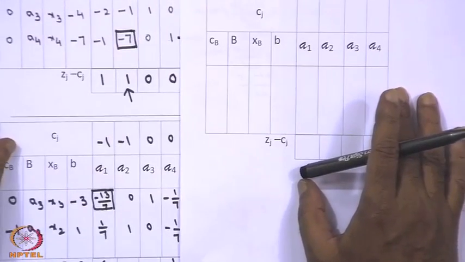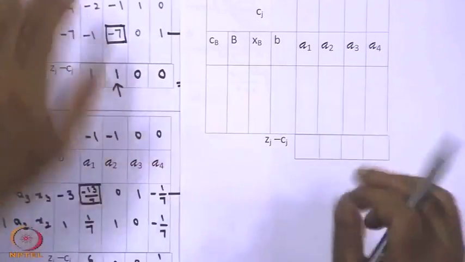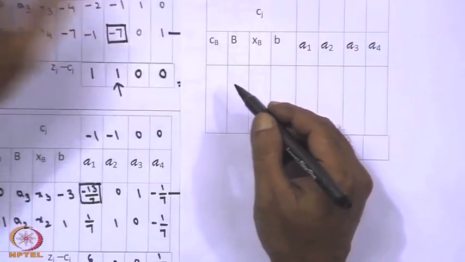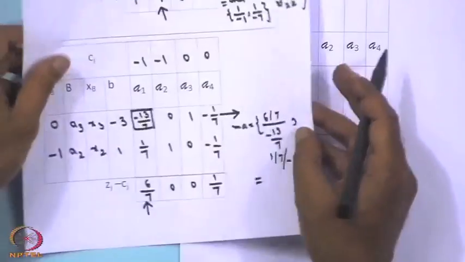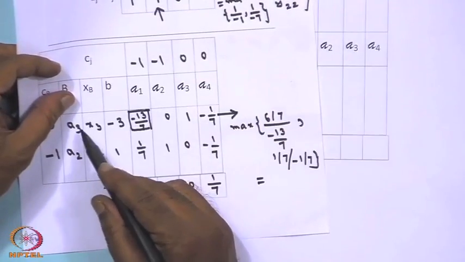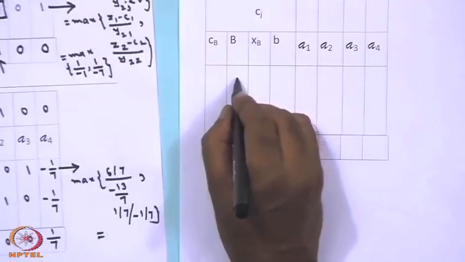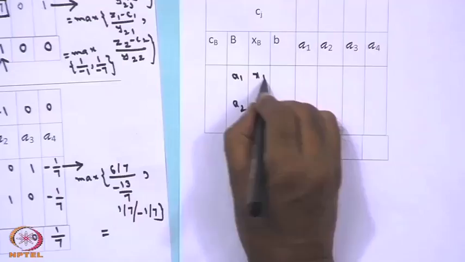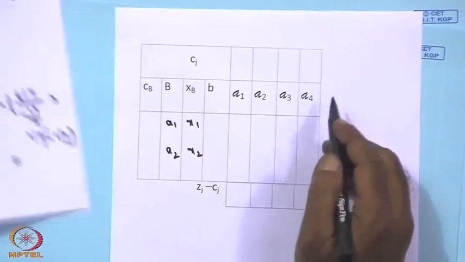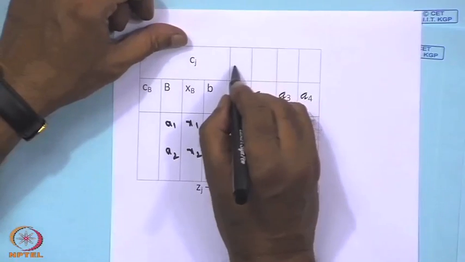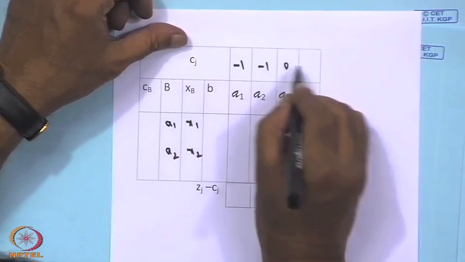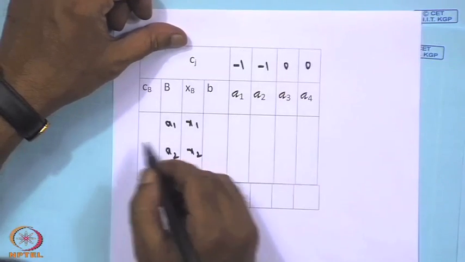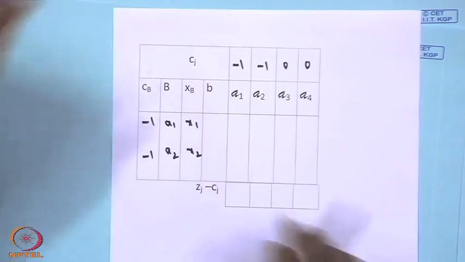Now your Cj values here: A3 and A2 are there, A3 will be out and A1 will enter. So here you will have A1 and A2, x1, x2. The Cj values are the same, minus 1, 0, 0, and your Cb values are then minus 1 and minus 1.